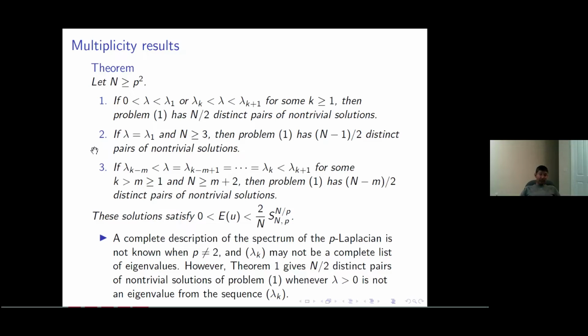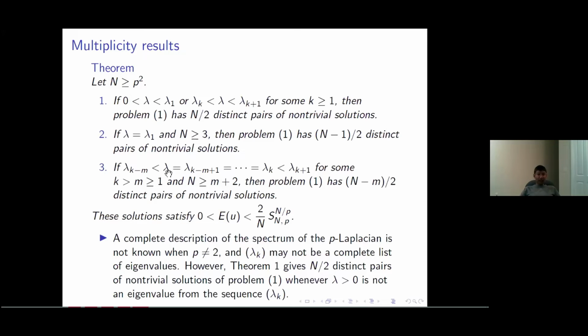Parts 2 and 3 concern the case where it is an eigenvalue. First, suppose that lambda is the first eigenvalue, lambda 1, and n is at least 3. Then this problem has (n minus 1) divided by 2 distinct pairs of non-trivial solutions. And finally, suppose lambda is one of the higher eigenvalues of multiplicity m.